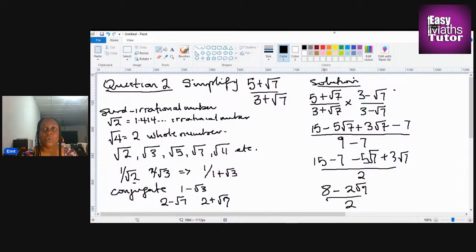So we divide each of the terms in the numerator by 2. 8 divided by 2 gives us 4, and this 2 cancels this out, giving us 4 minus root 7 as our final answer.